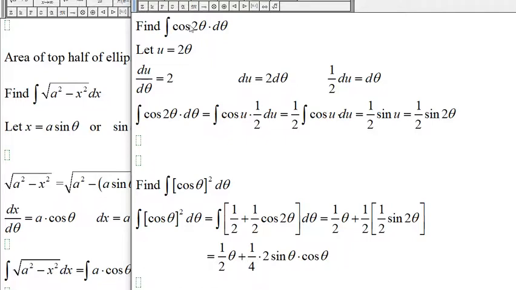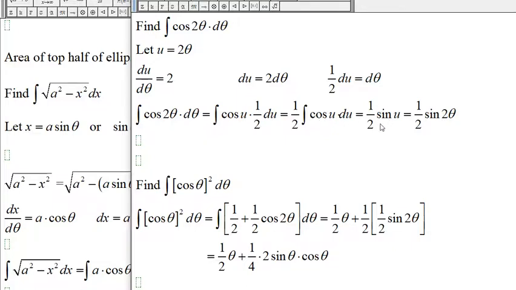And so the integral of cosine 2 theta now becomes, since 2 theta is u, cosine of u, and then d theta is 1/2 du. So we get 1/2 times the integral of cosine of u, but recall that the antiderivative of cosine is just sine.